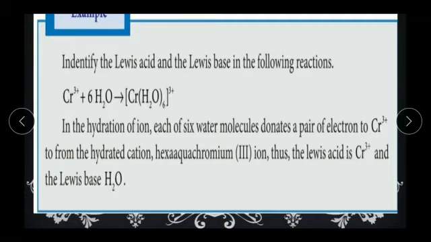In this hydration reaction, each of the 6 water molecules donates a pair of electrons to Cr3+ to form the hydrated cation, hexaaquachromium(III) ion. Thus the Lewis acid is Cr3+ and the Lewis base is H2O. The ligand is the Lewis base, and the central metal ion Cr3+ is the Lewis acid. We have to write the Lewis acid and Lewis base separately and declare the answer.